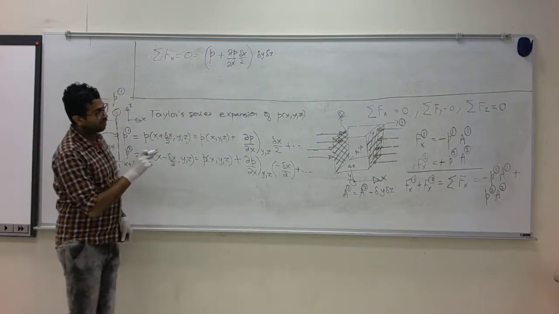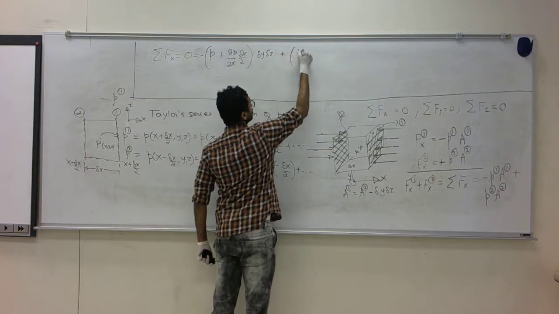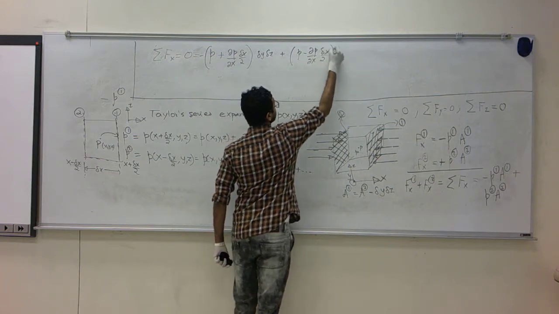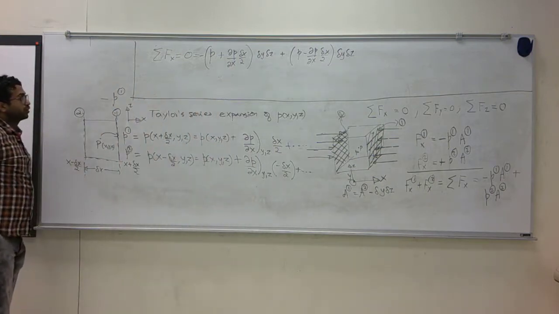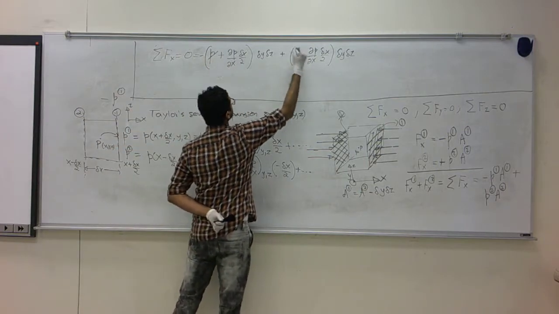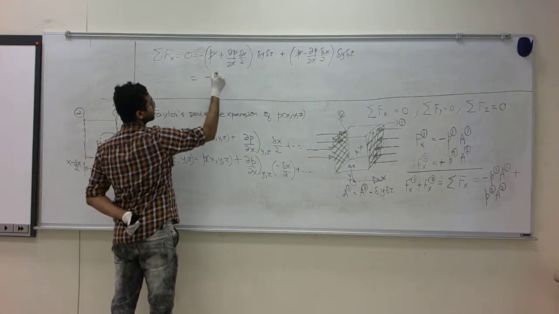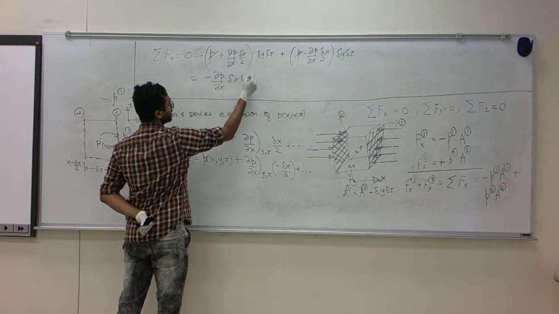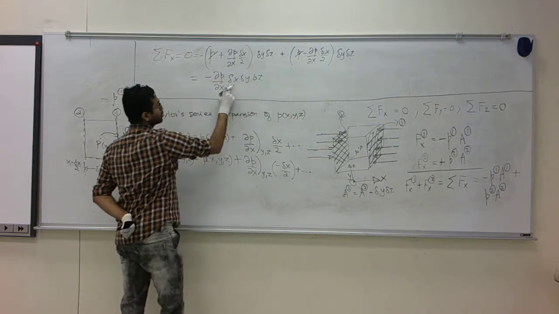So I have minus P1A1 plus P2A2. If I clean this up, it's going to cancel out. I have a minus here, I have a minus here, so they'll add up. I'll have minus partial P over partial x, delta x, delta y, delta z. Here it is divided by 2, but I am repeating it twice, so that's multiplied by 2.